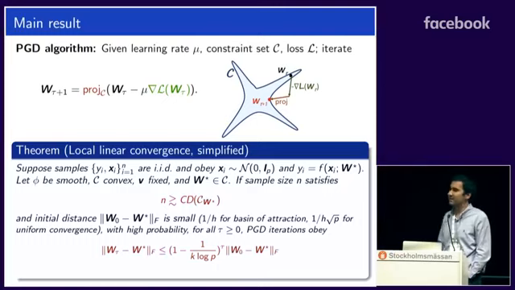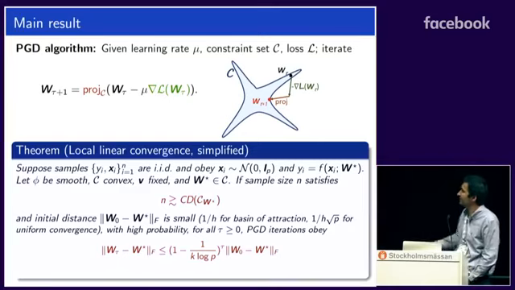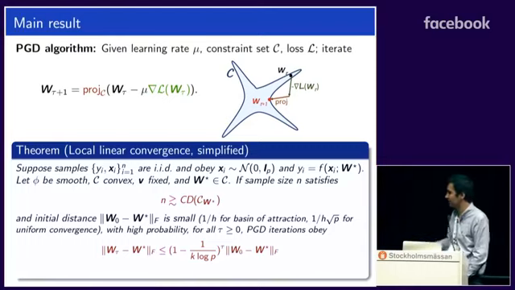Then if the number of samples exceeds the covering dimension, and if the initialization is close to W star, which we can go into later, then starting from that point, projected gradient descent linearly converges to the ground truth solution. So this is the main theorem.